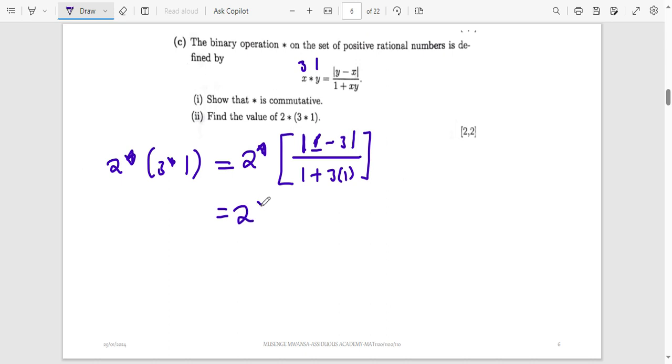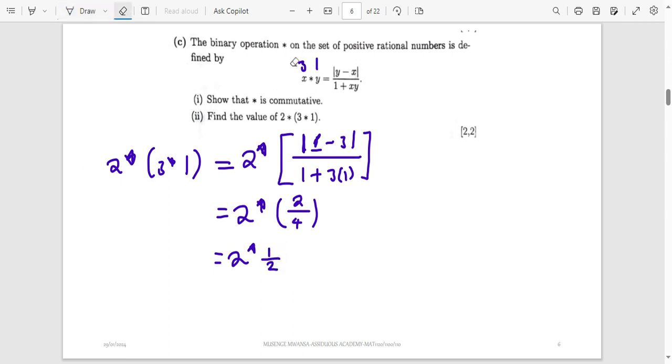And this will be 2 star, 1 minus 3 is negative 2. The absolute value of negative 2 is a positive 2. The denominator 1 plus 3 is a 4. So this is 2 star half.